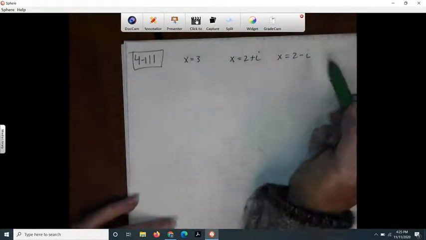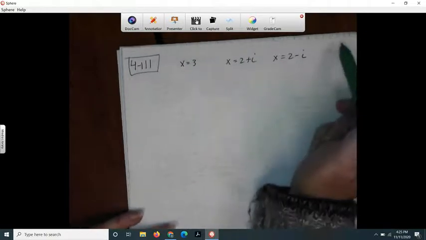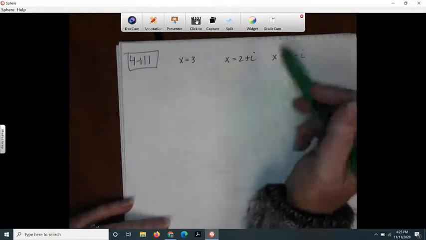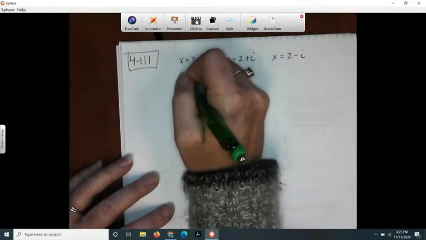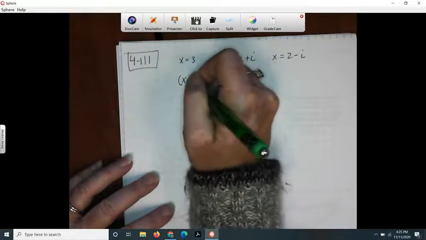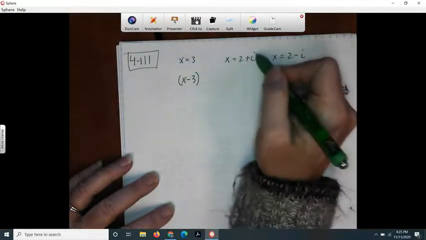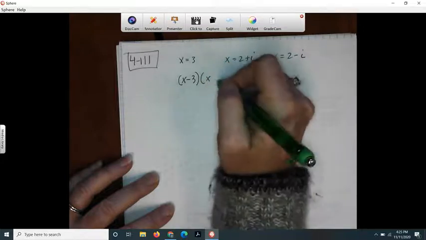So I think there's some shorter ways than this, but this way makes the most sense to me. I just kind of go backwards. Like this came from a factor that looks like this. And then this one came from a factor that went like this.